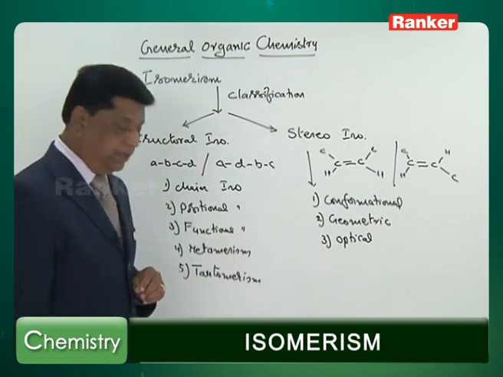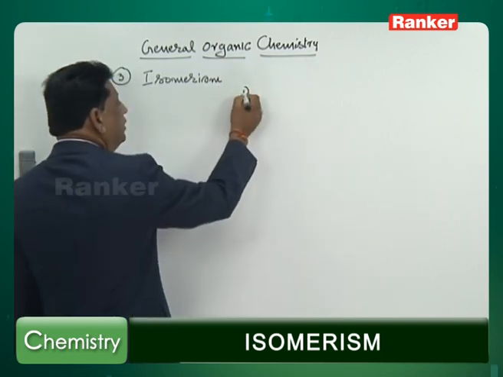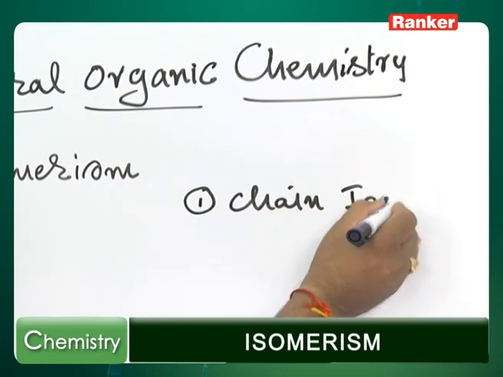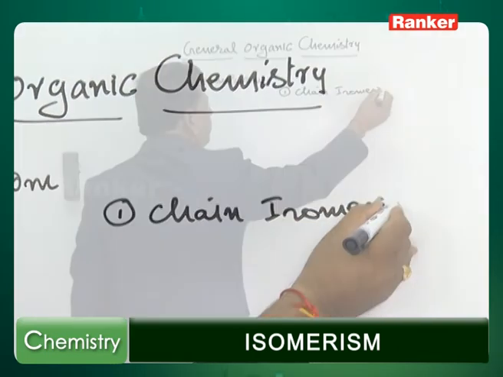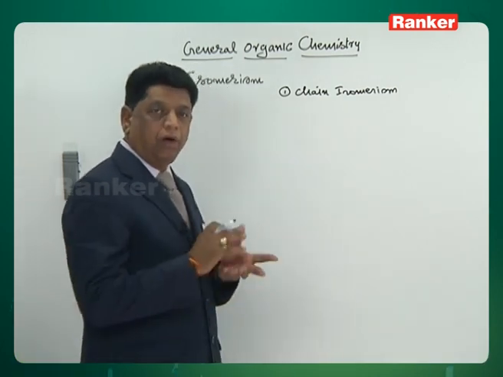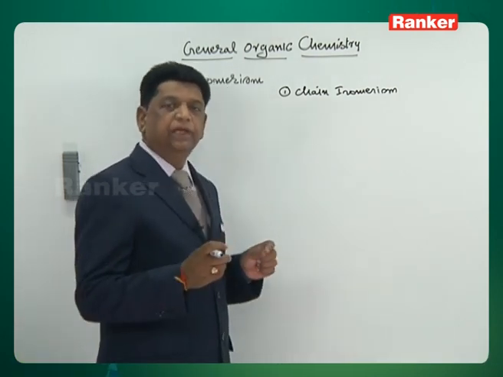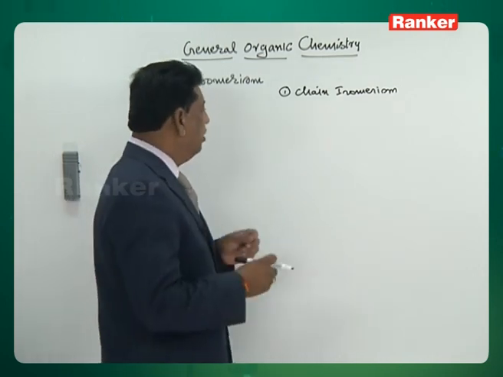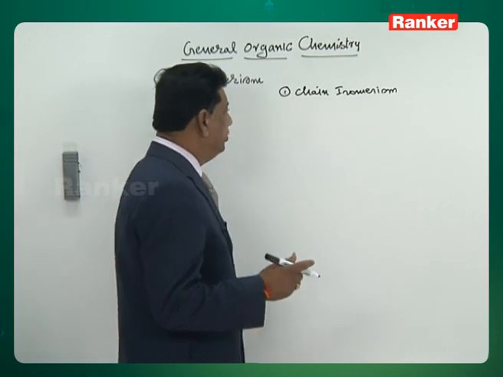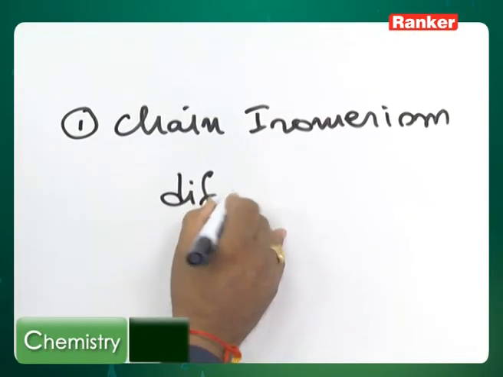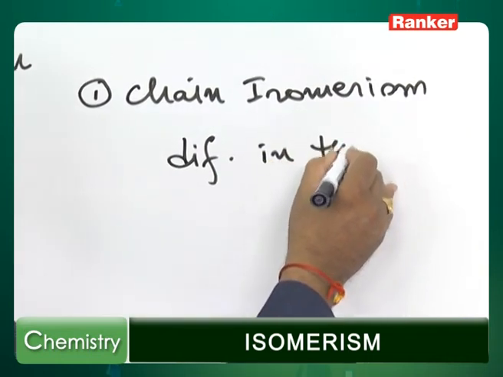What type of isomerism? So, the first isomerism is chain isomerism. This comes under the structural isomerism. That means the order, the sequence of the atoms is going to change, that is called sequential difference. The chain isomerism comes because of the difference in the chain.